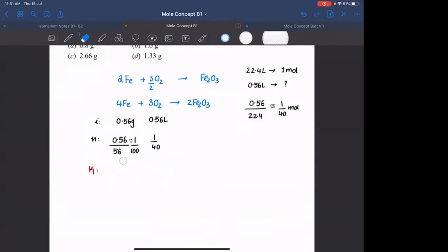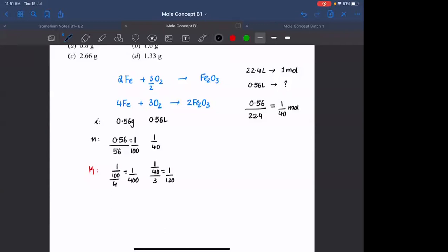If you have doubt, let's write it step by step. This is 1/100 divided by 4, which is 1/400. This is 1/40 divided by 3, which is 1/120.